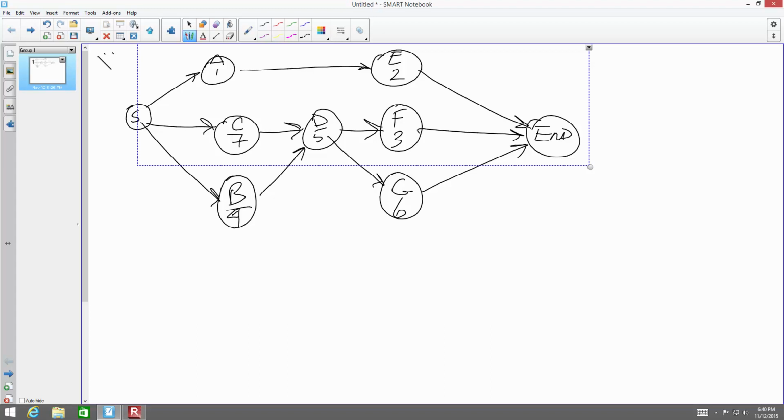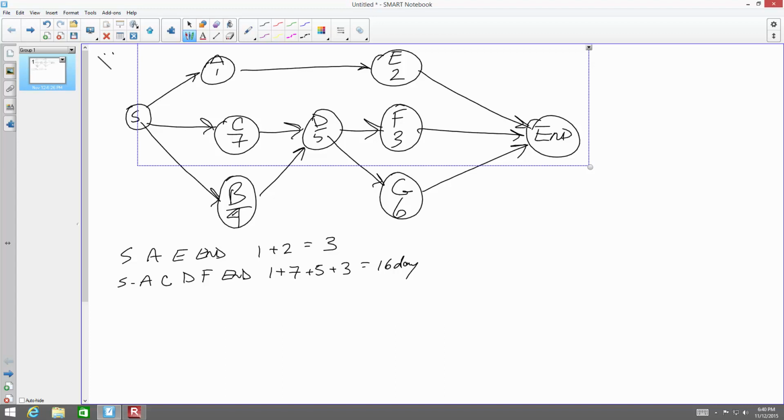So first thing we want to look at is the different methodologies we can get from start to end and figure out how many days are involved. If we go through the start, A, E, end scenario, we're going to have 1 day plus 2 days equals a total of 3 days. If we look at the start, A, C, D, F, end scenario, we're going to have 1 plus 7 plus 5 plus 3 for a total of 16 days.